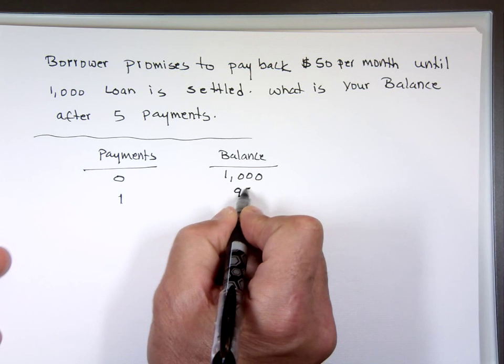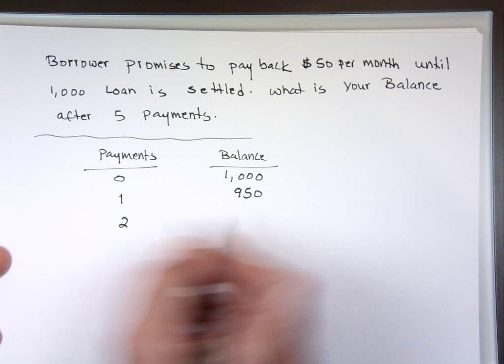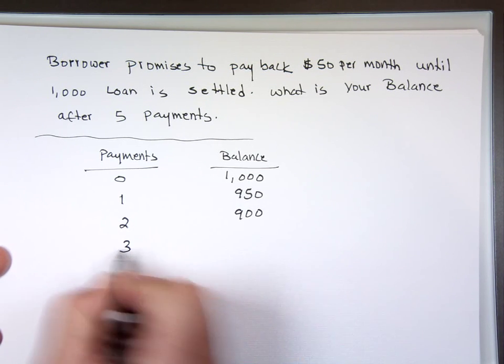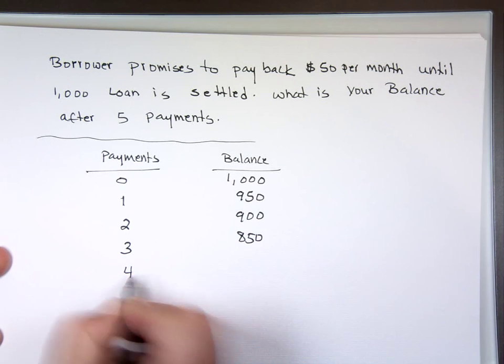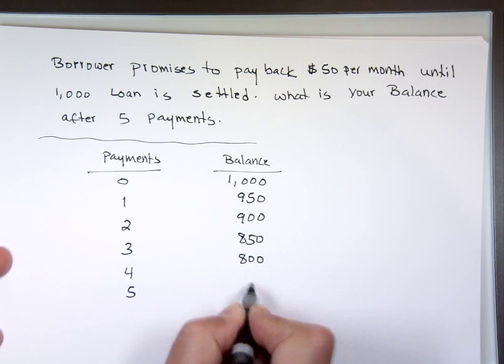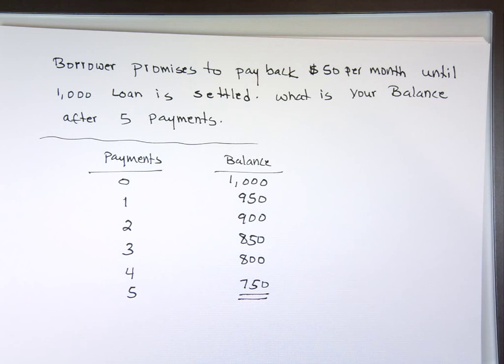Is it $950? Because you paid $50. After 2 payments, $900. 3 payments, $850. 4 payments, $800. 5 payments. So after 5 payments, you still owe mom $750.